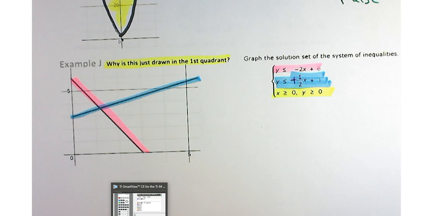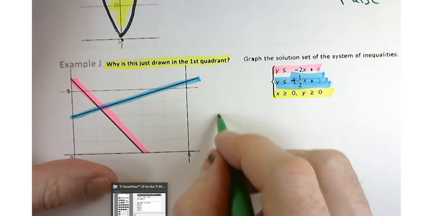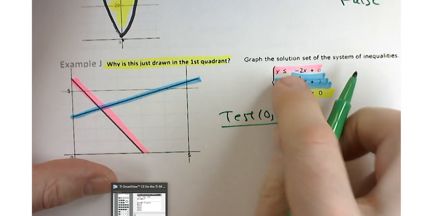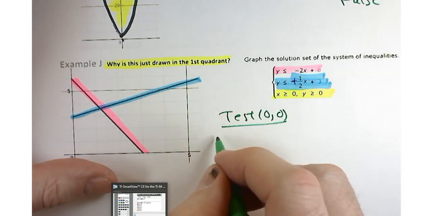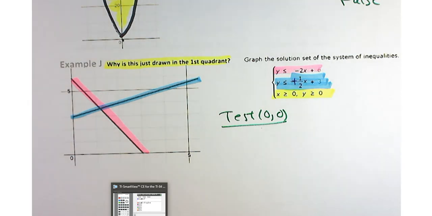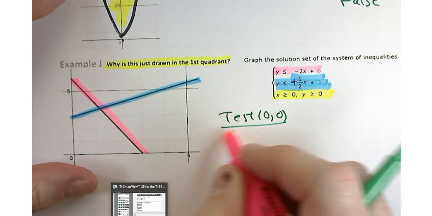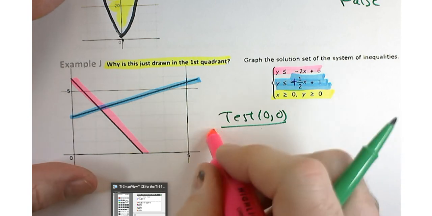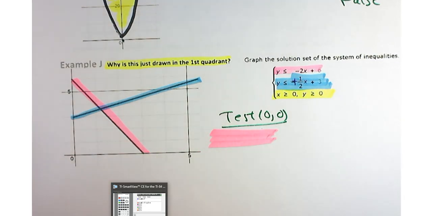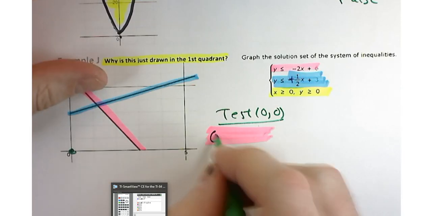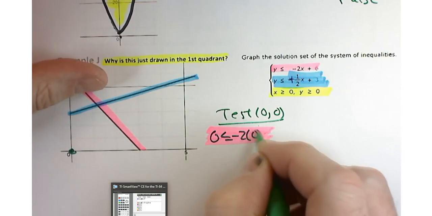And now you're going to play that game of testing points. I'll test 0, 0 in here, and y is less than or equal to negative 2x plus 6. So here's my test point. 0 is less than or equal to negative 2 times 0 plus 6.